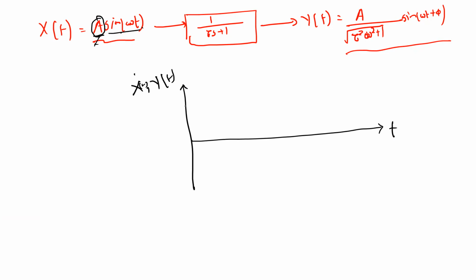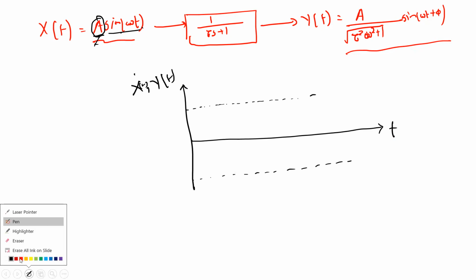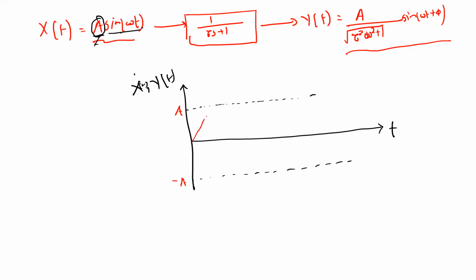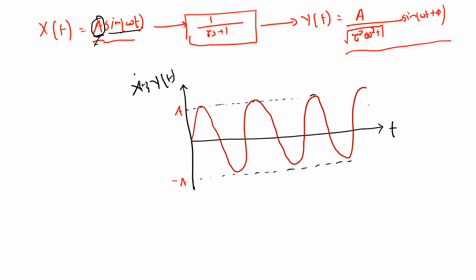So this is A and this will be minus A. The sine function goes like that, and this one is your x(t).